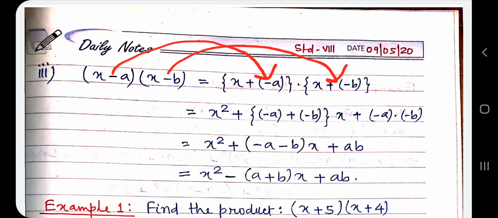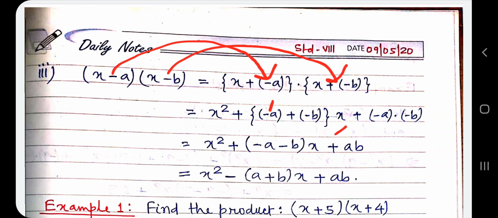Now we can easily understand that minus a has come at the place of a and minus b has come at the place of b. So we will do the multiplication by using the identity: x square plus minus a, here a is replaced by minus a, that's why minus a is written, and minus b here, and outside is x written.